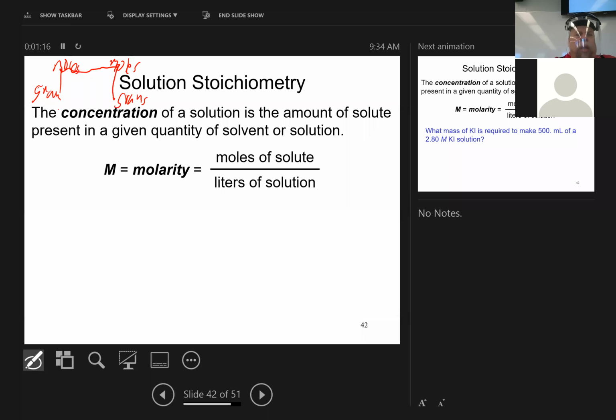When you have a solution, it would be in moles of solute per liter, because you can't easily put a solution on a scale and have the scale say it has this amount of material in it as well as this amount of water. It doesn't work that way. So you weigh a certain amount of grams to make the solution.